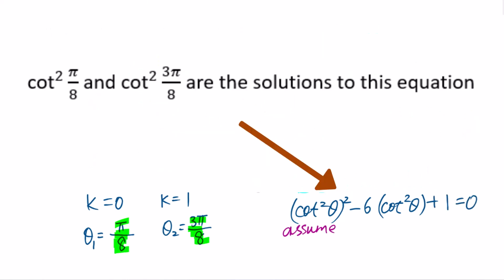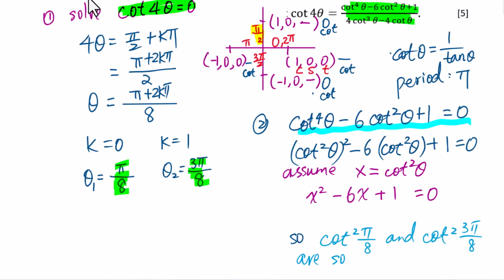So we assume x equals cotangent squared theta. We got x squared minus 6x plus 1 equals 0. So cotangent squared pi over 8 and cotangent squared 3 pi over 8 are solutions to x squared minus 6x plus 1 equals 0.